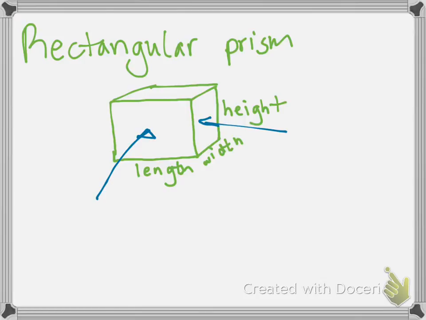They could be squares, because a square is a rectangle, but they're all rectangles. What's going to be important about our prisms is knowing the measurement of the length, the width, and the height, because that's going to help us find our volume, how much space is inside this box.